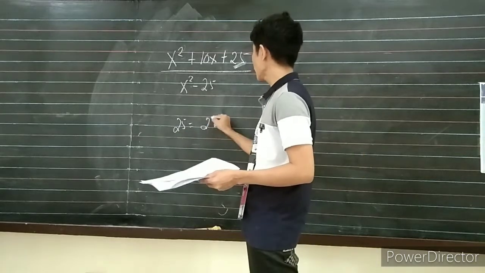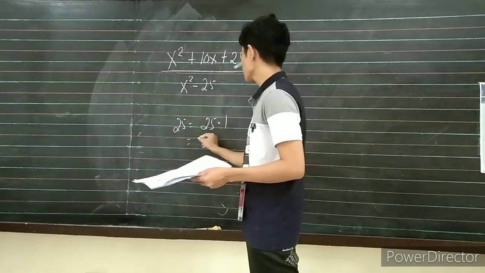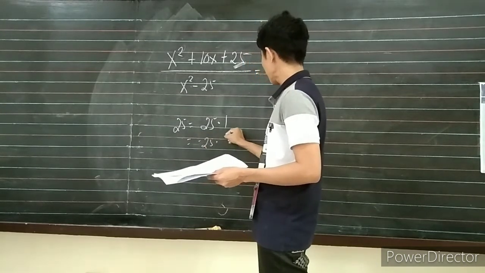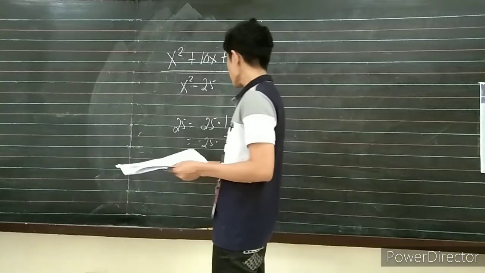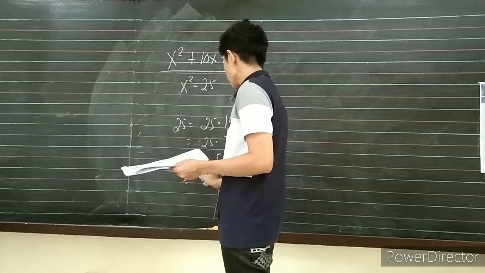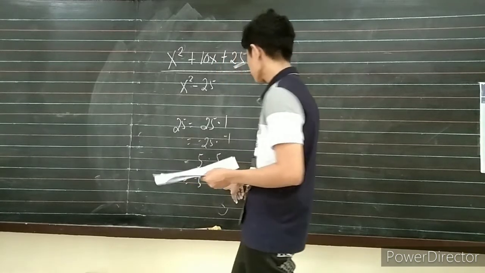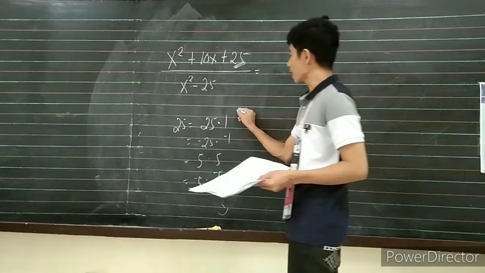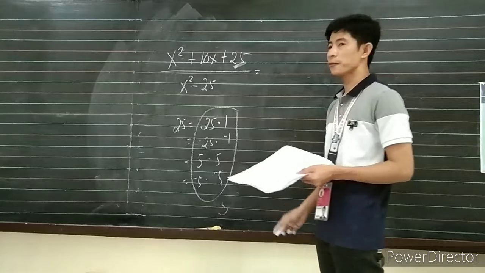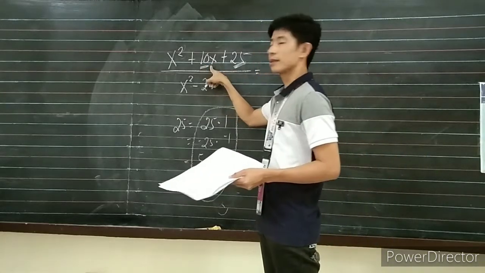So we have 25 times 1. We also have negative 25 times negative 1. We also have 5 times 5. And the last one is negative 5 times negative 5. Among these factors of 25, we're going to find the pair whose sum is equal to 10.